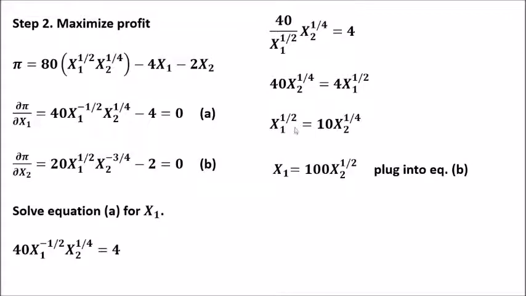And now I'm going to square both sides to get rid of this 1/2 term over here. So 10 squared gives us 100. And then input 2 now, because we're squaring that, will be raised to the 1/2 power. We're going to plug this equation into B over here.